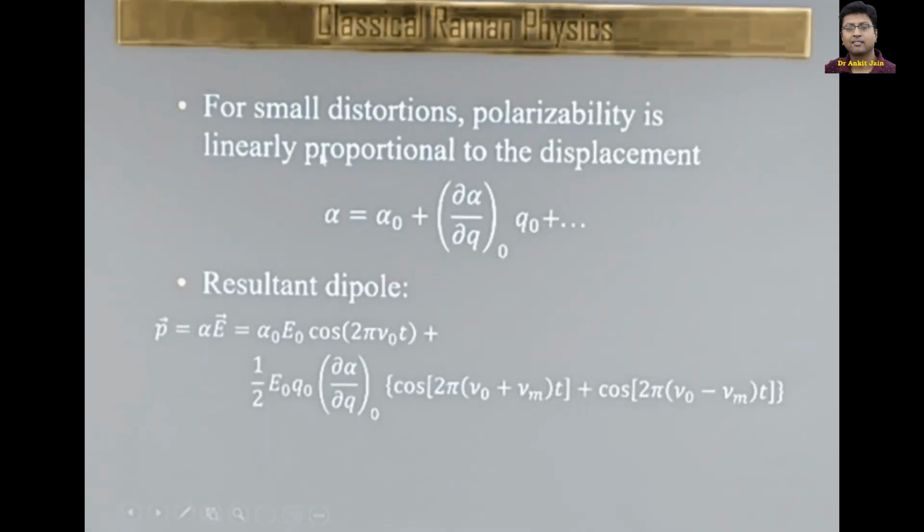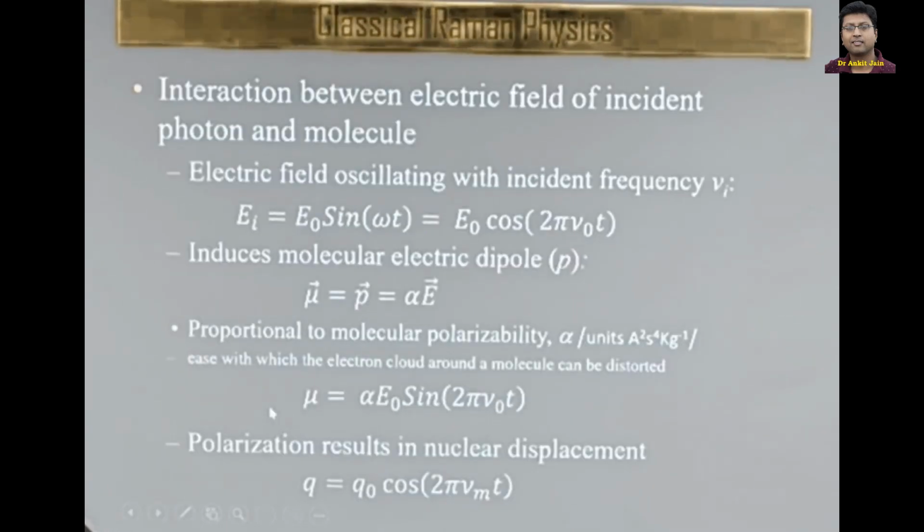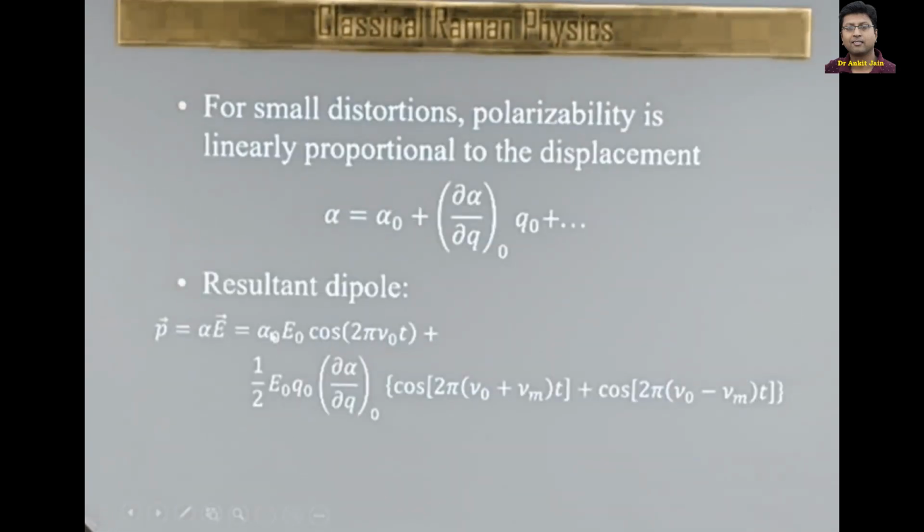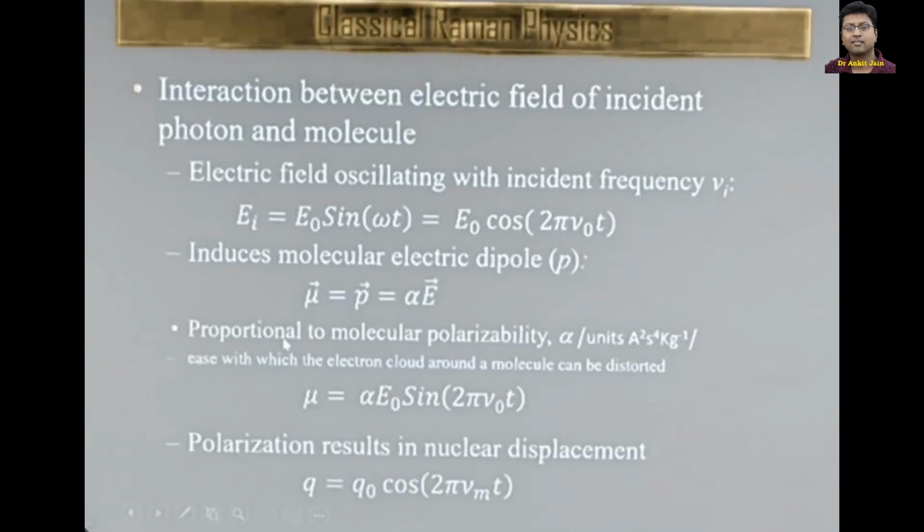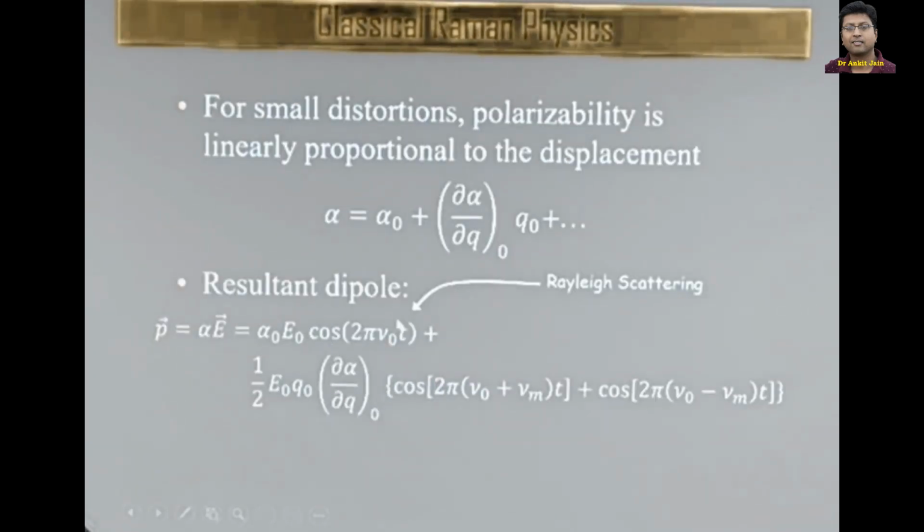Then you can sum up all these small linear displacements and find the resultant dipole, which is the sum of our initial polarizability term plus the small nuclear displacement terms. So if you look very closely at these three parts, this one refers to elastic scattering, that is Rayleigh scattering.